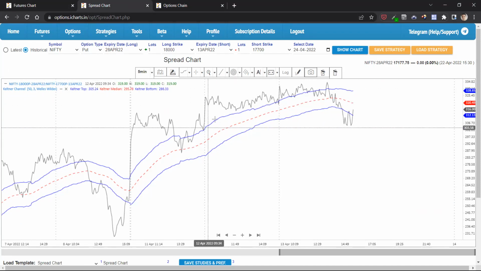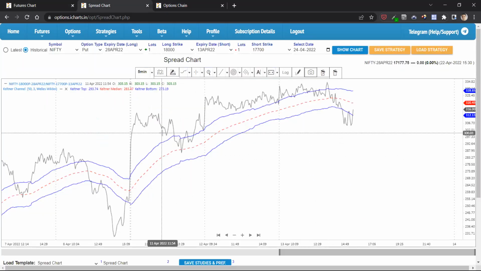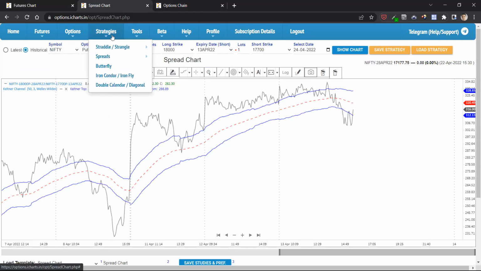How you adjust is basically by moving the strikes. And the same goes for the butterfly. I won't go into this because it is going to be exactly the same as ironfly, just that it is done using either calls or puts.